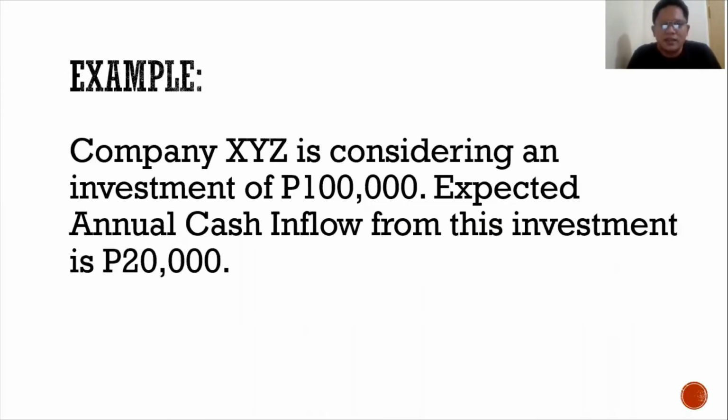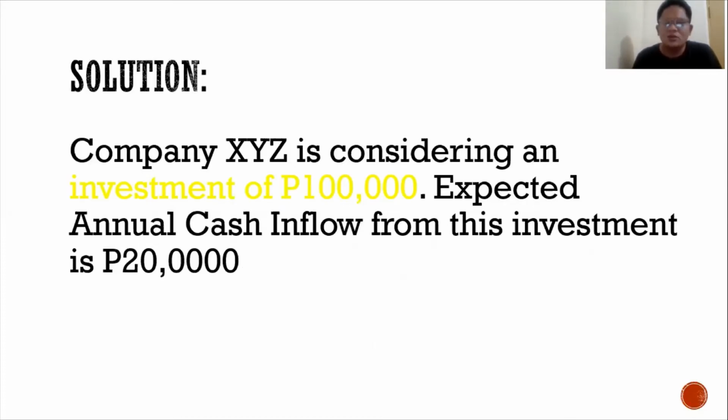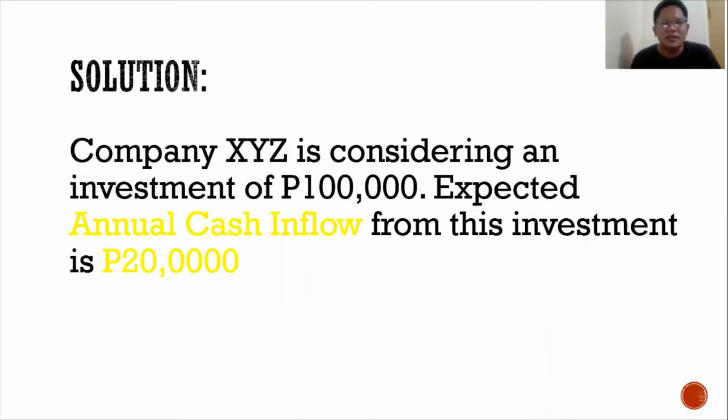They expect an annual cash flow, annual meaning every year, of 20,000 from this investment. So our important details are an investment of 100,000 as well as a cash inflow of 20,000.